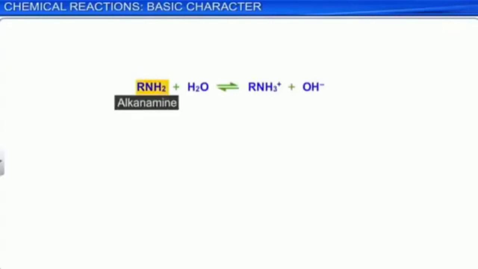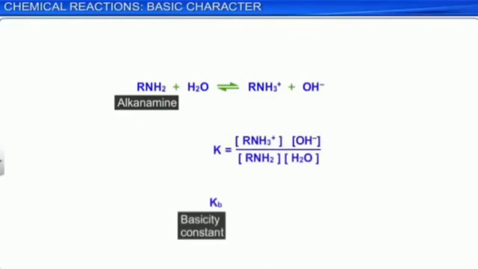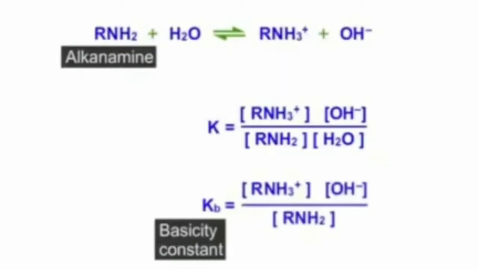Alkyl amine RNH2 combined with water to produce hydroxyl ion is given in the equation. RNH2 plus H2O gives RNH3 plus OH minus. The equilibrium constant K is equal to the concentration of RNH3 plus into the concentration of OH minus divided by the concentration of RNH2 into the concentration of H2O.